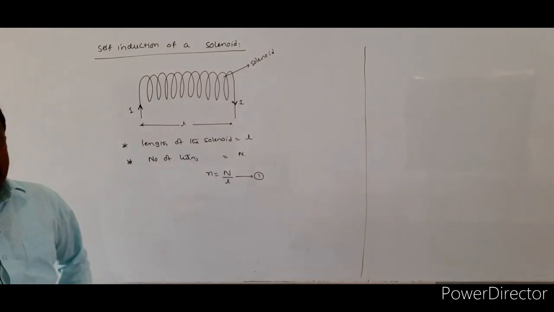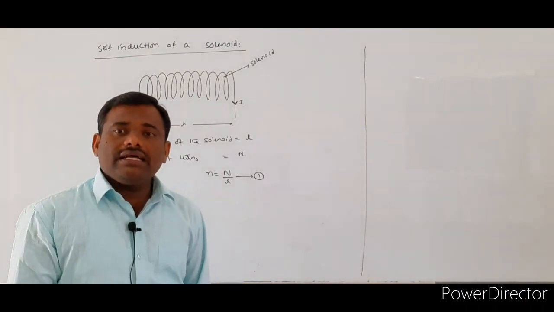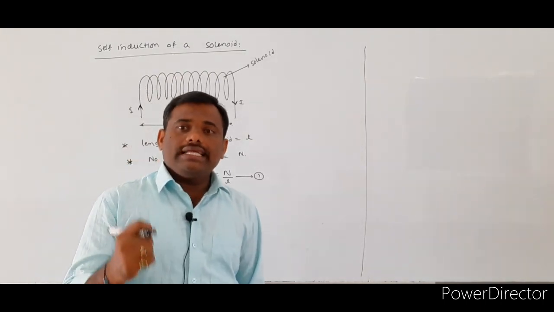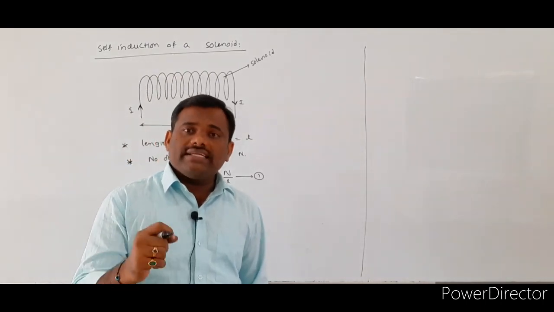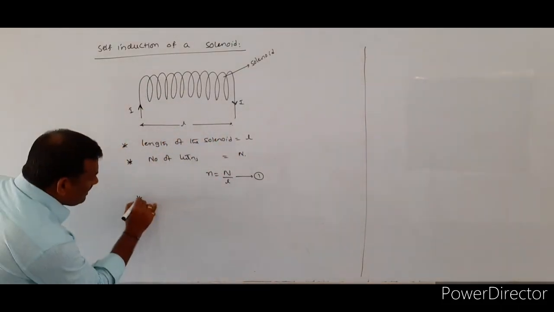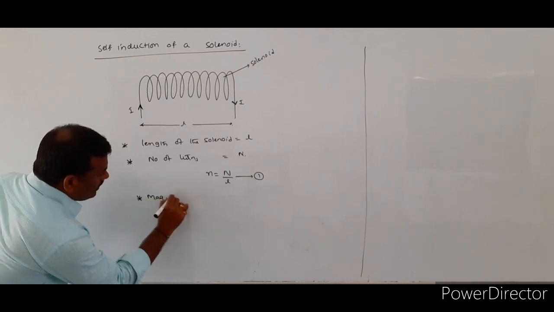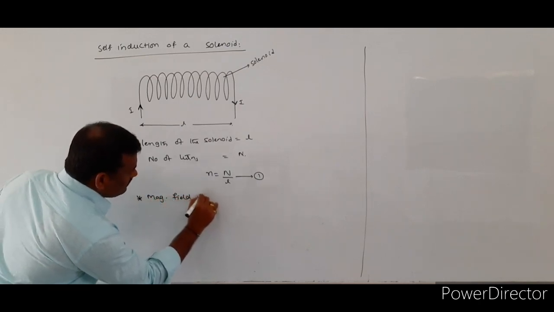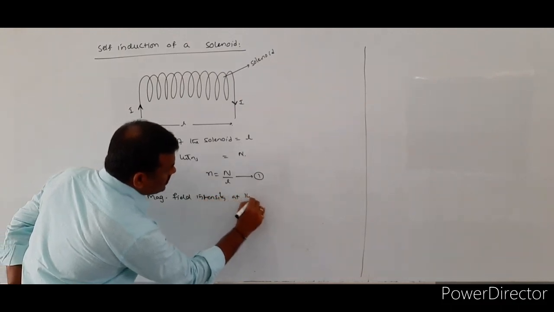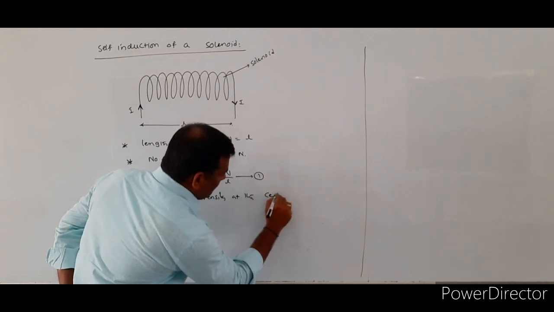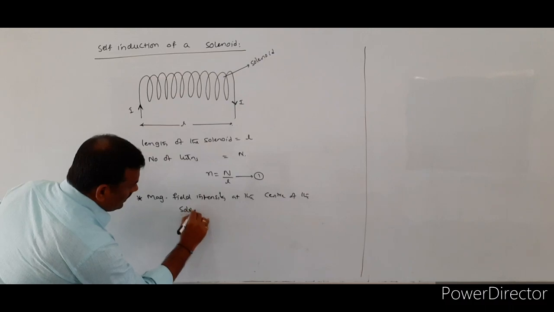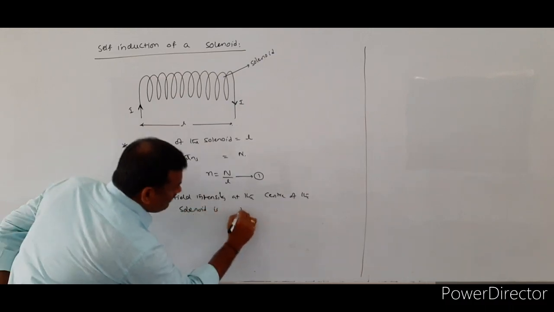So whenever some current is flowing through the solenoid, at the center of the solenoid, we already have the expression for the magnetic field intensity. The magnetic field intensity at the center of the solenoid is, what is the basic formula?